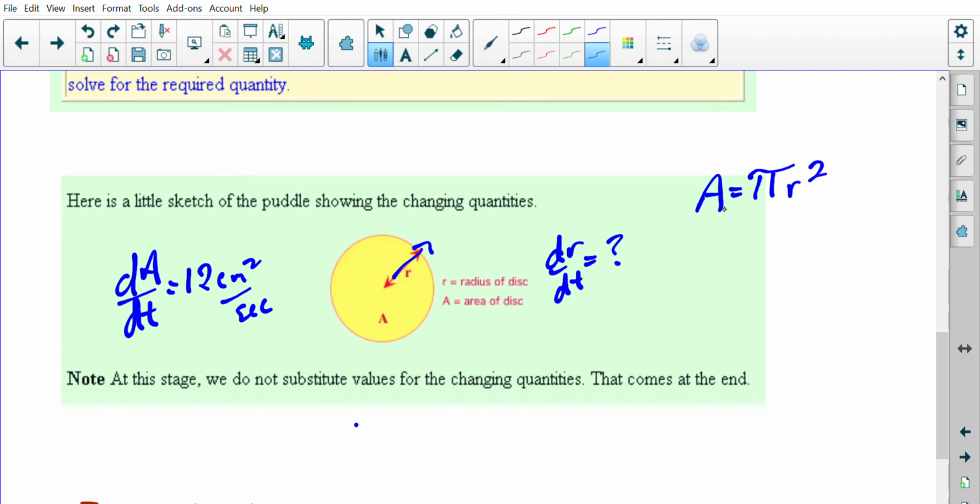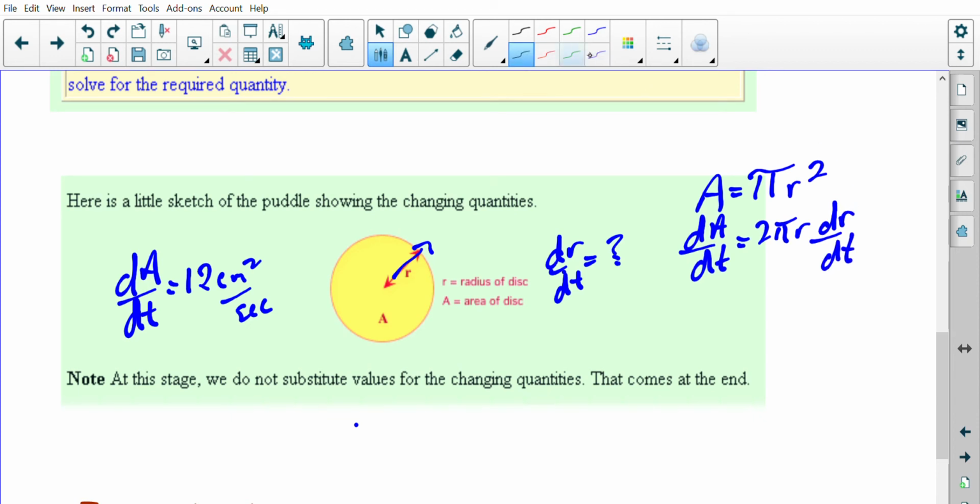Look at the two quantities in this formula, A and r. Once you've established a connection between the two changing quantities, the area and the radius, you take the derivative. So I'm going to take the derivative: dA/dt = 2 pi r dr/dt.